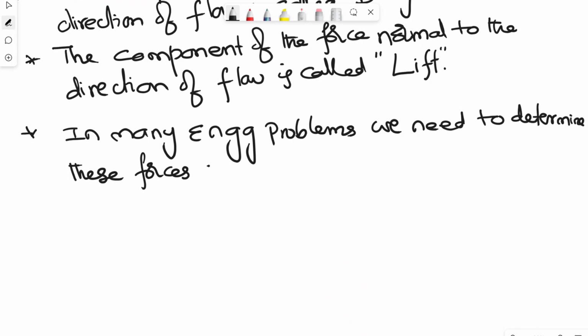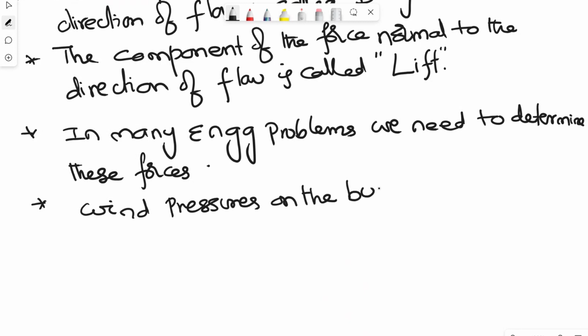Why do we need to determine this? The wind pressures on the buildings. That is one application.